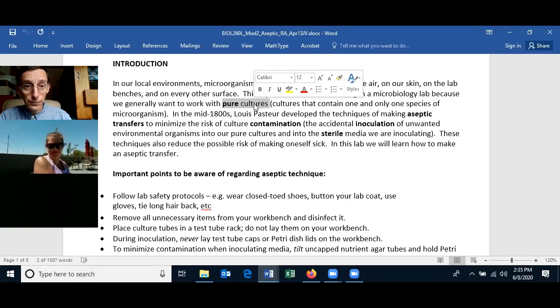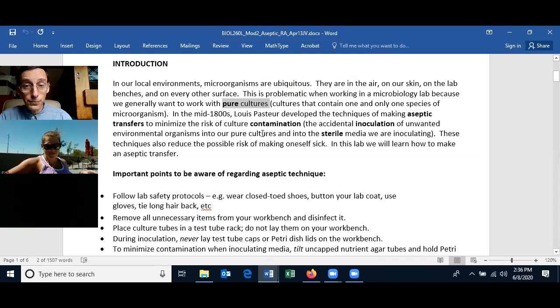But when you're working virtually in the lab, you do need to use the technique of making an aseptic transfer to minimize the contamination of your pure culture. And contamination is the accidental inoculation of unwanted organisms into your pure culture or the sterile media. Generally, when we're inoculating things, even virtually in the lab, we'll be giving you sterile media to do the inoculation.